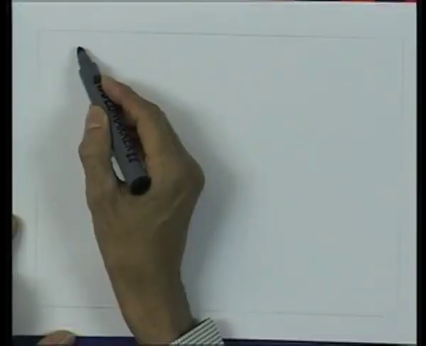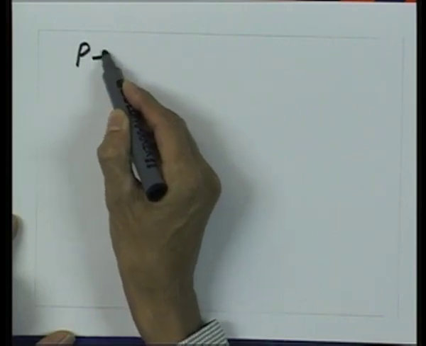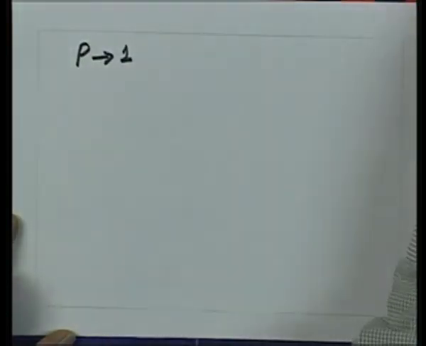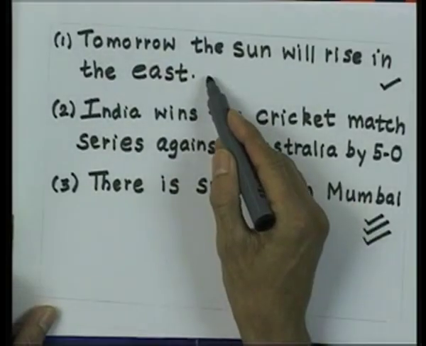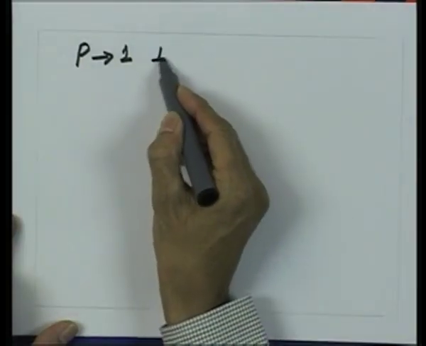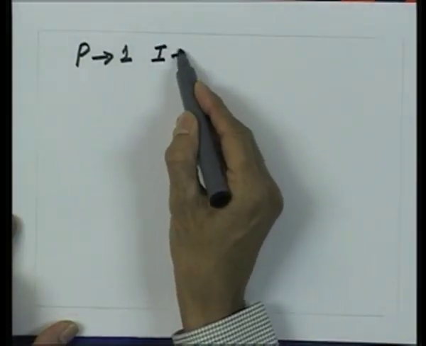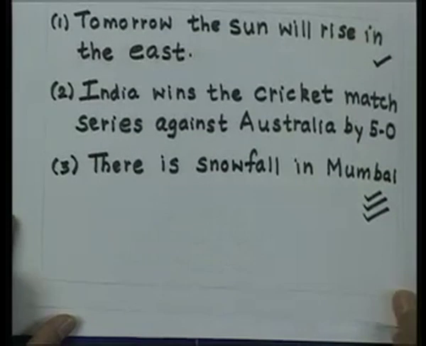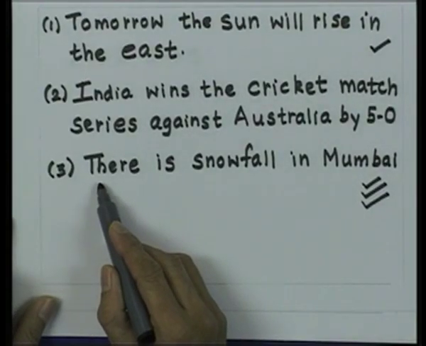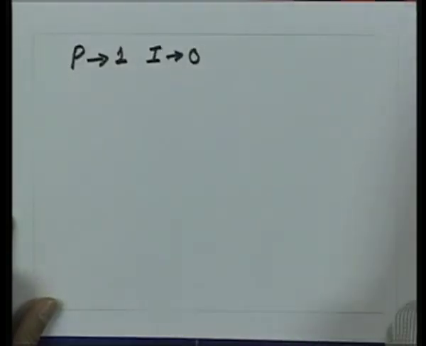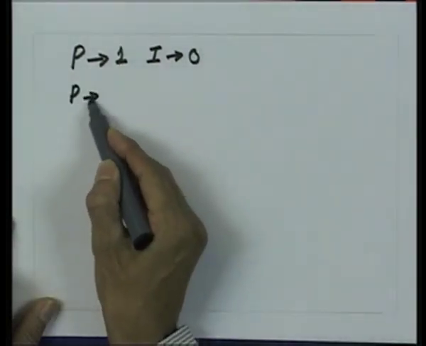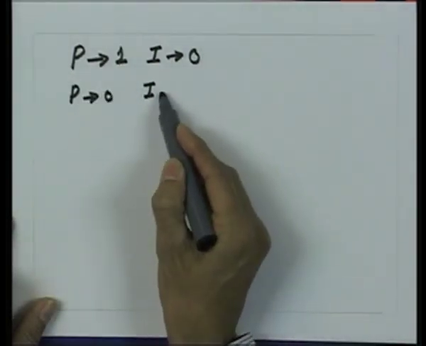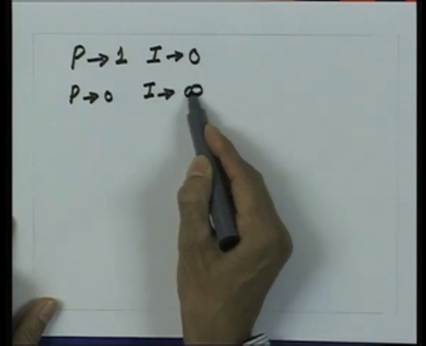For example, if the probability of occurrence of an event P tends to 1, which was the case for headline number 1, then the information which I should get from that event should tend to 0. Whereas, when the probability of occurrence tends to 0, like in the case of headline number 3, information should tend to infinity.